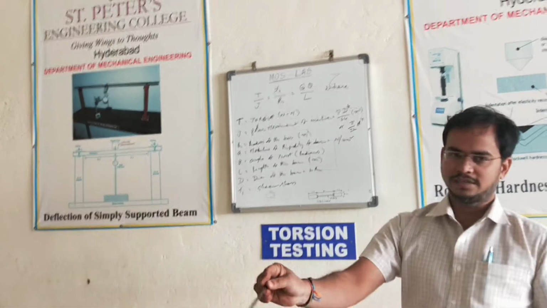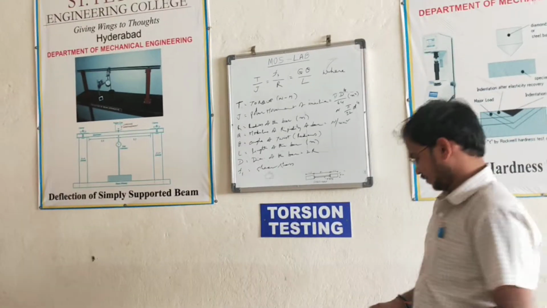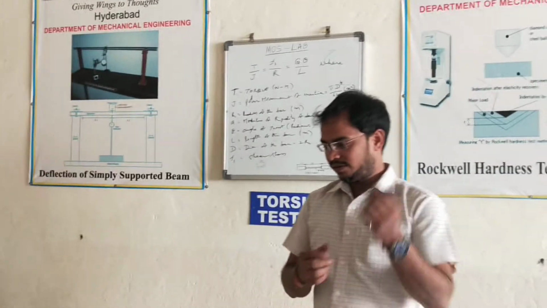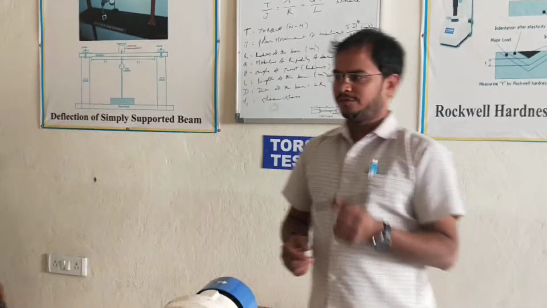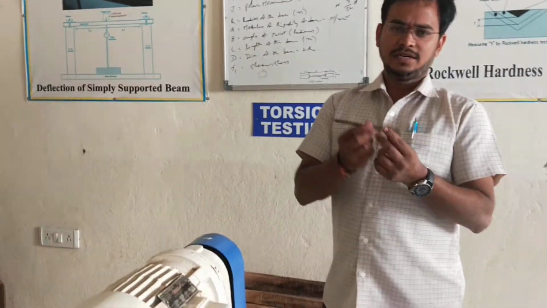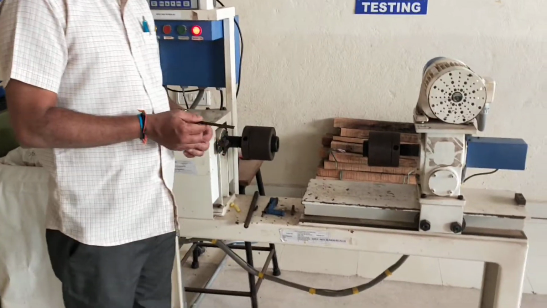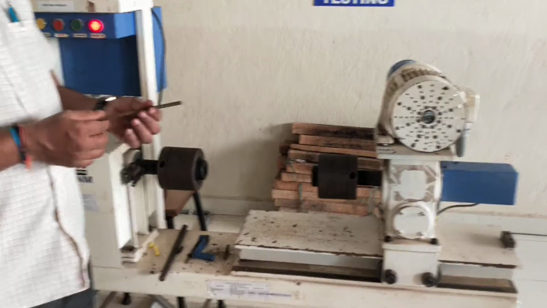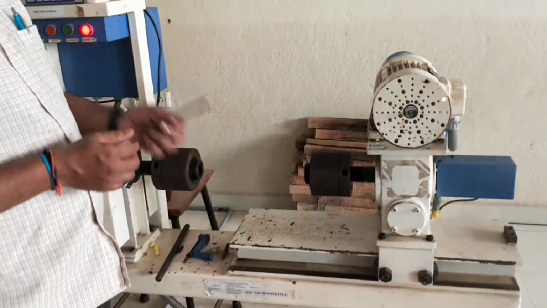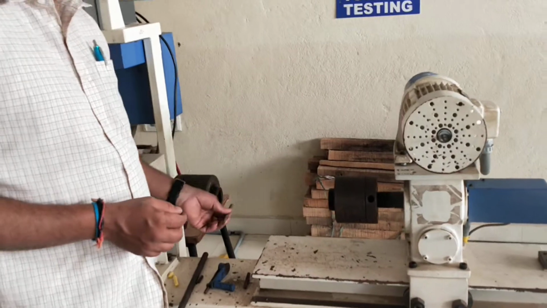That is the provision given for the chucks. Before we start the machine, we will first learn how to fix the test sample according to the standards inside the chucks.